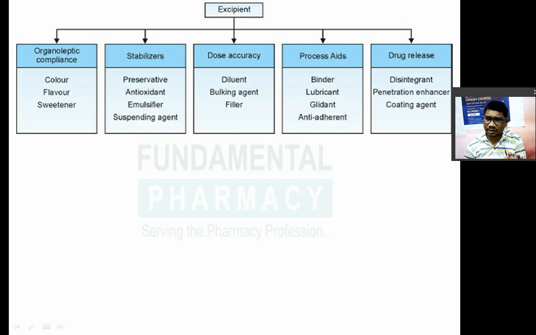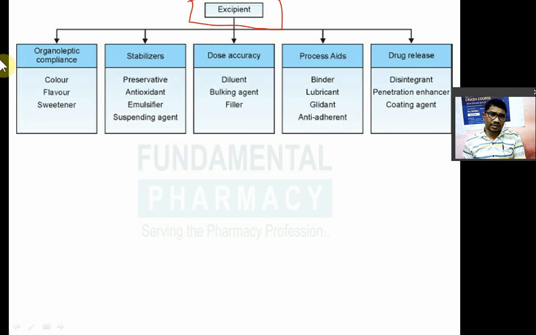They are not therapeutically effective, but they are used as additives, adjuvants, to enhance the bulkness, to increase the binding property, to increase the disintegration, to increase the aesthetic value. Aesthetic means smell, then color, then flavor, etc.